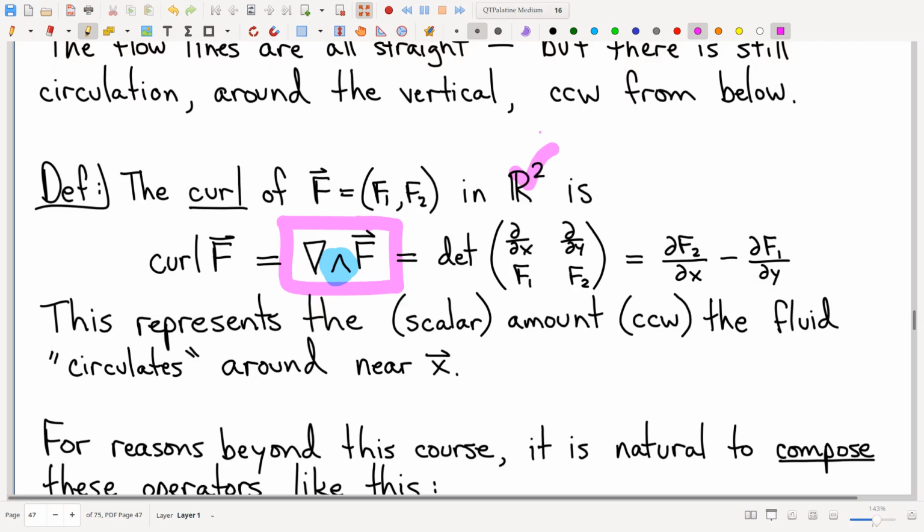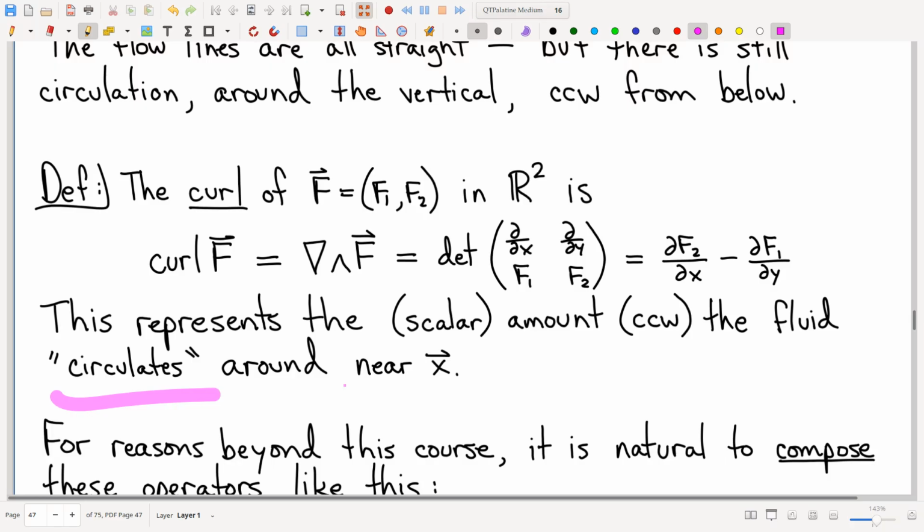There's no cross product in 2 dimensions. That would be nonsense. There is a wedge product, and del wedge is a notation for curl. Full disclosure, it's not a very common notation. Probably not going to see that very much, but anyway, it exists and it's out there. That's all it means.